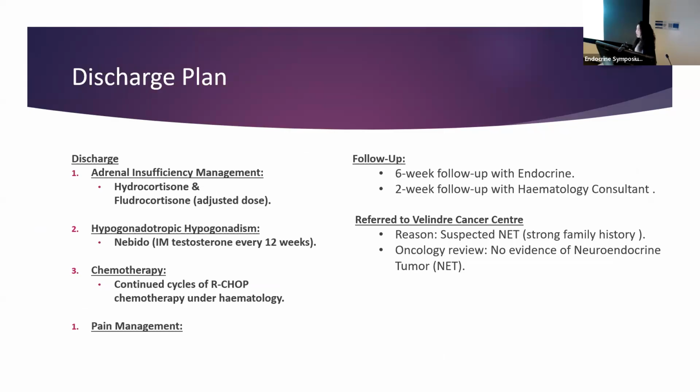So during the second admission, we got a confirmed diagnosis and a treatment plan, followed up by the endocrinology team and the hematology and oncology team. Later, the oncology team reviewed and said there was no evidence of neuroendocrine tumor.